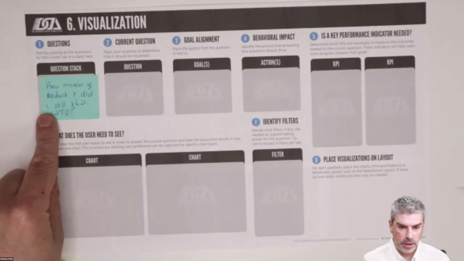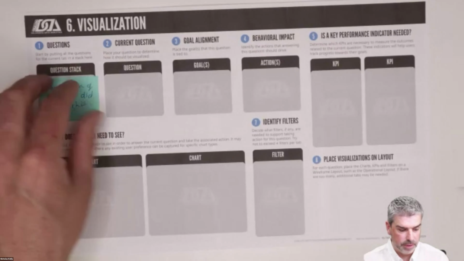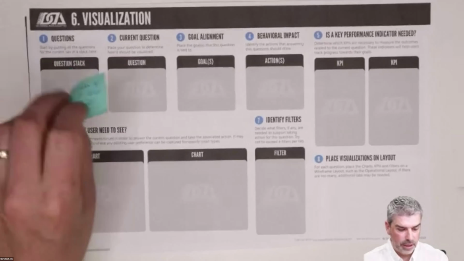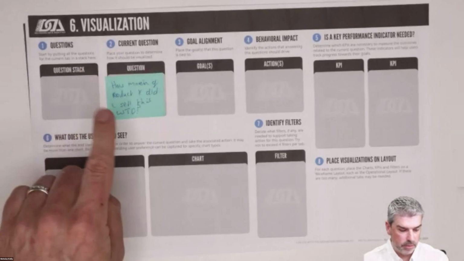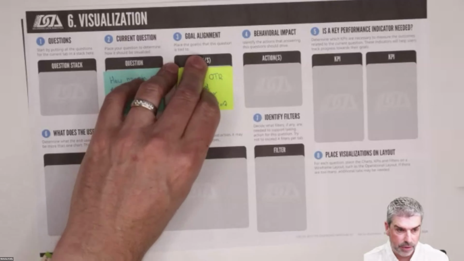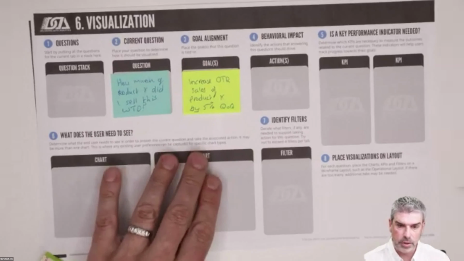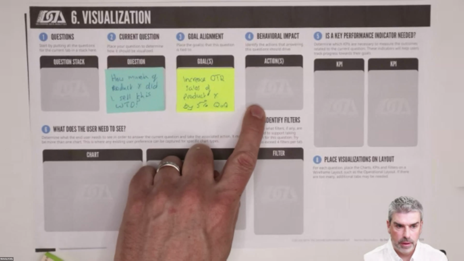So the next thing we're going to do is take one question at a time from this stack, and this is where the fun happens, right? So we can say, okay, we know we have some alignment to a goal, and let's just say I'm going to take the goal from the previous one. This is to validate and vet that we're actually doing something that makes sense for the business. And now we're going to do something new.